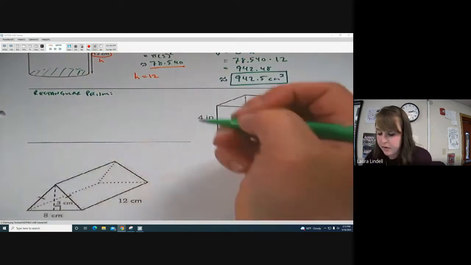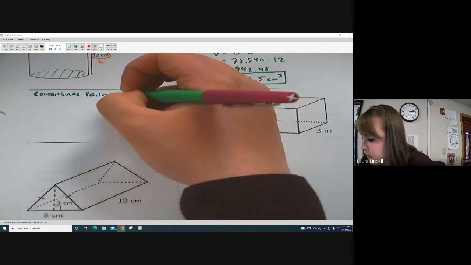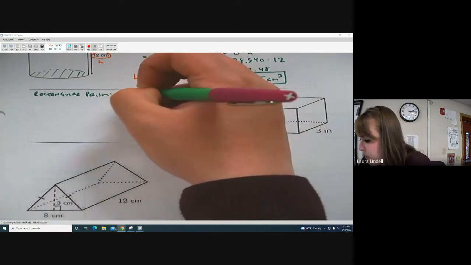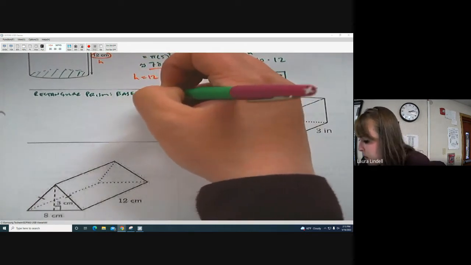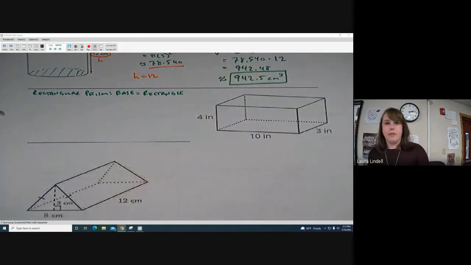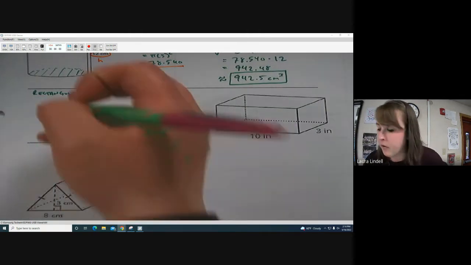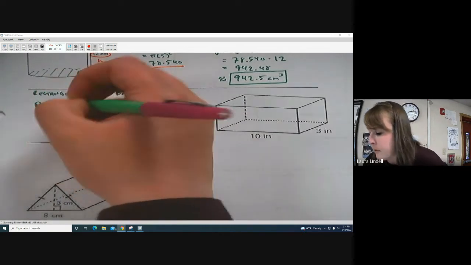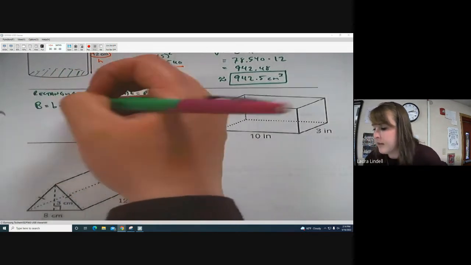All right, so our base shape is a rectangle. And on rectangles, if you remember, finding area of a rectangle was either length times width or base times height. Those are the same thing. So for our area of the base, capital B, base times height.